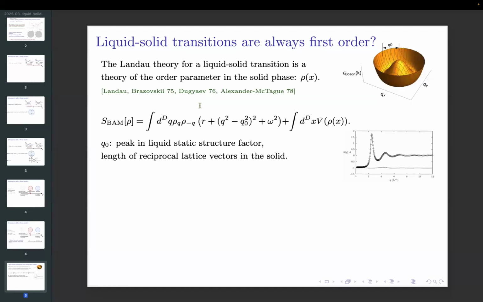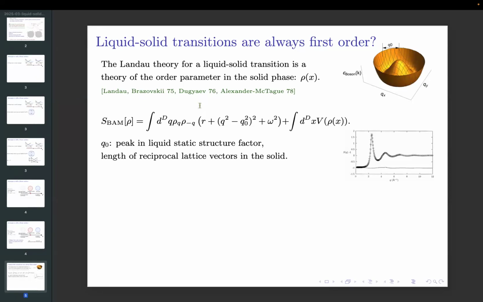This is momentum, and what I'm plotting is the energy of a boson mode with momentum k. At non-zero r, there's a minimum at some non-zero magnitude of q. And as I take r from positive to negative, that minimum goes through zero. So it's like this ring of modes is becoming massless and then wants to condense.